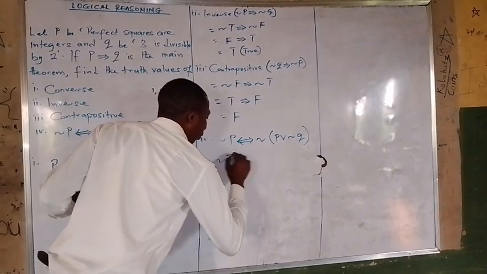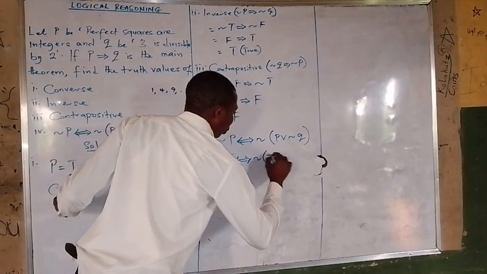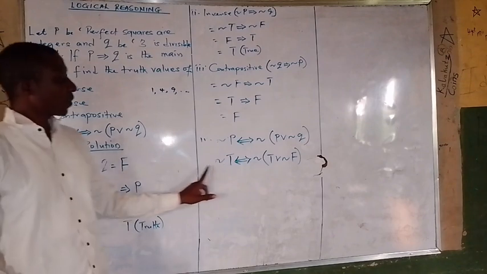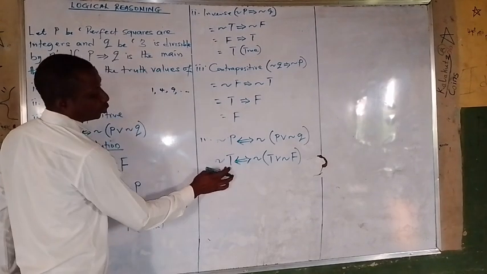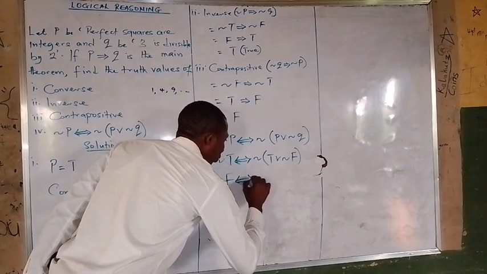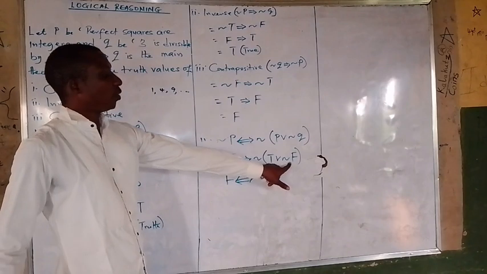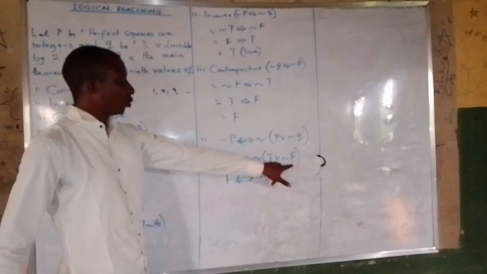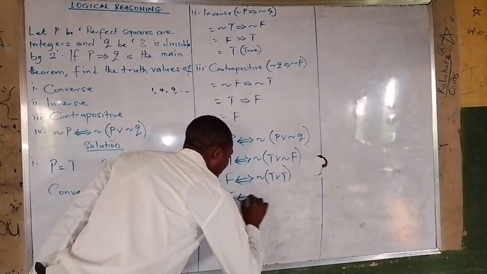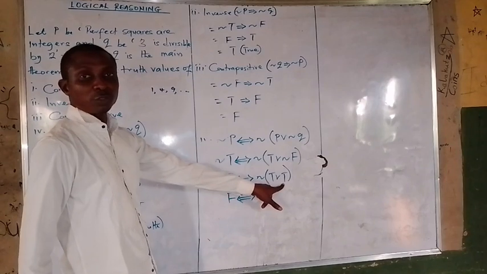Negation of true is false. So we have false biconditional negation of Q. Q is false here, and negation of false is true. So we have false biconditional negation of true or true... true or true is true.